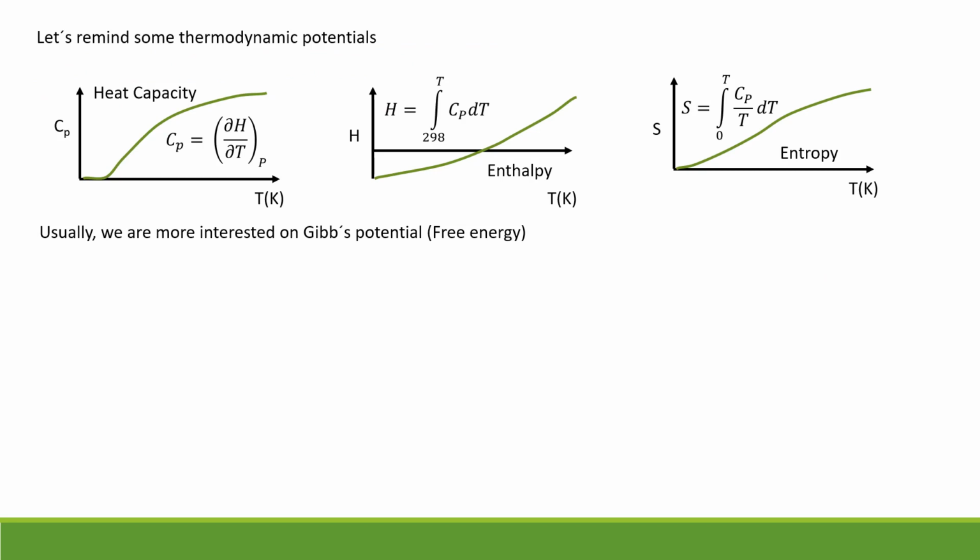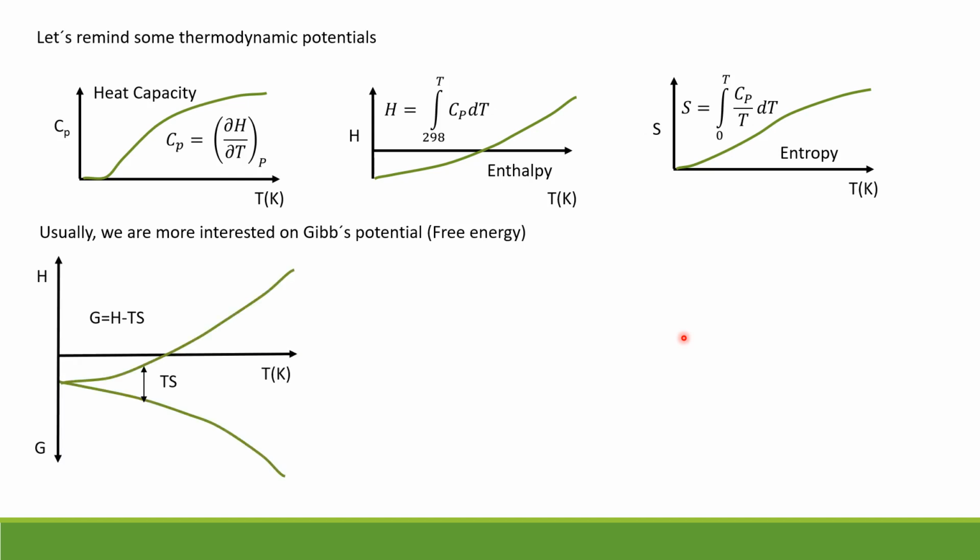But let's remind some of the thermodynamic potentials. Here we have the heat capacity, which is the derivative of the enthalpy with respect to temperature. Here we have enthalpy, and here we have entropy. Usually, when we handle equilibrium states, we are more interested in the Gibbs potential. The Gibbs potential, which is the free energy, is the enthalpy minus temperature times entropy.